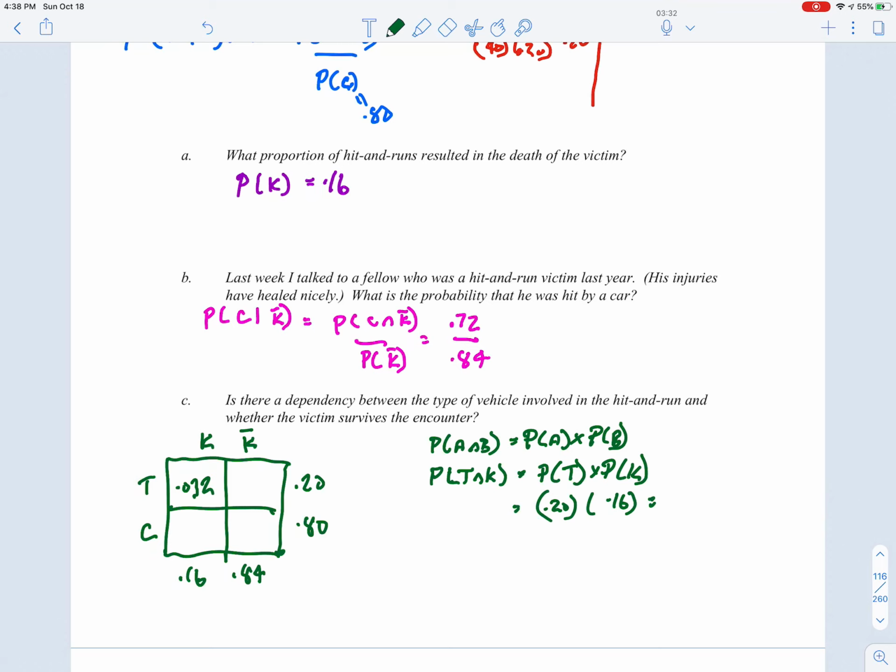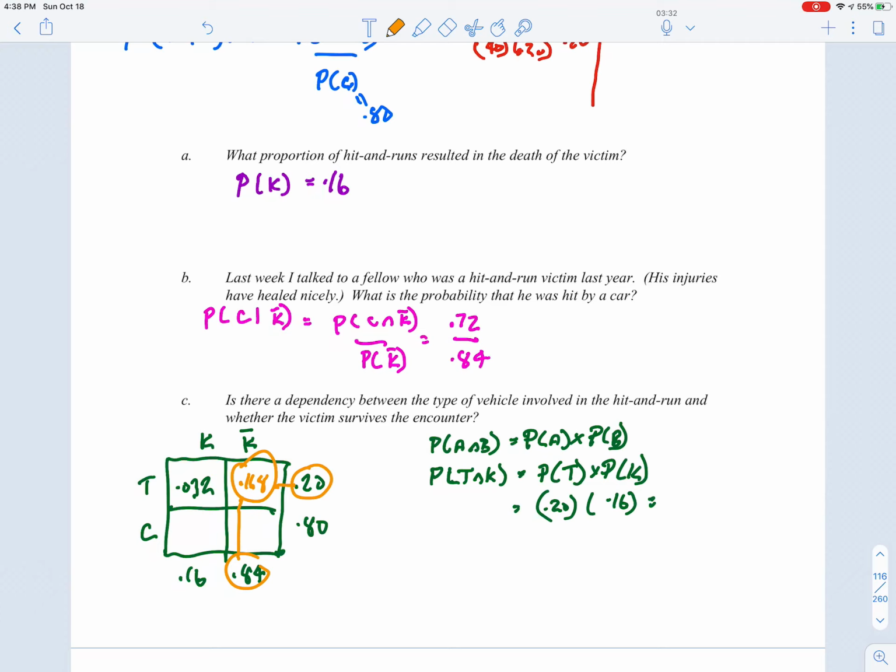So all you need to do actually is for any cell, let's take a look at the next one here. You don't have to write this formula down in each case. Just simply take the marginals and multiply them together. So 0.2 times 0.84 is 0.168. Of course, add those together and you'll get 0.032.